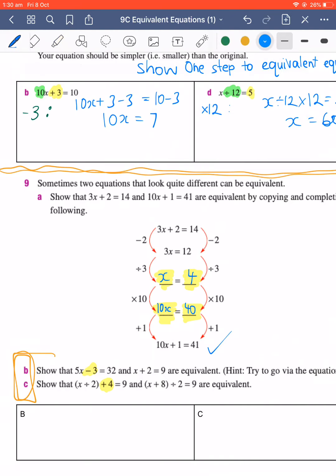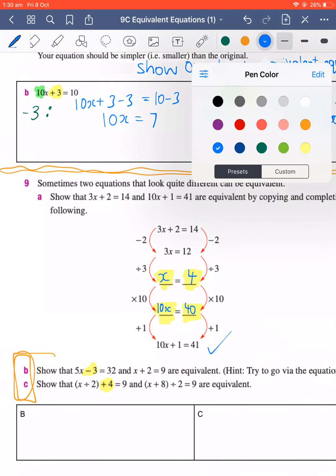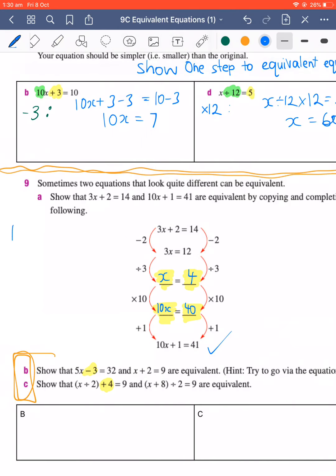So your first step will be to look at whether you can plus or minus something. Your second step, you would start to actually look if you can multiply or divide something, and then repeat that process again. Okay, good luck.